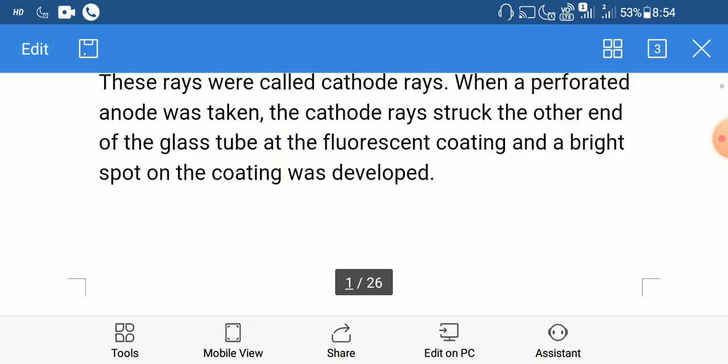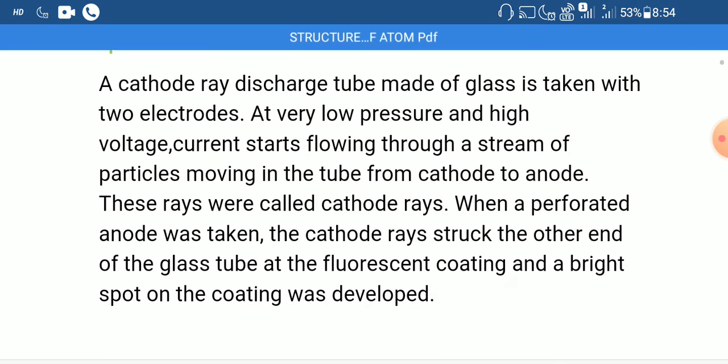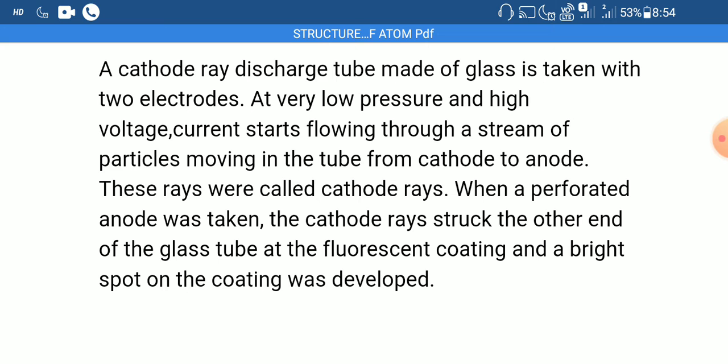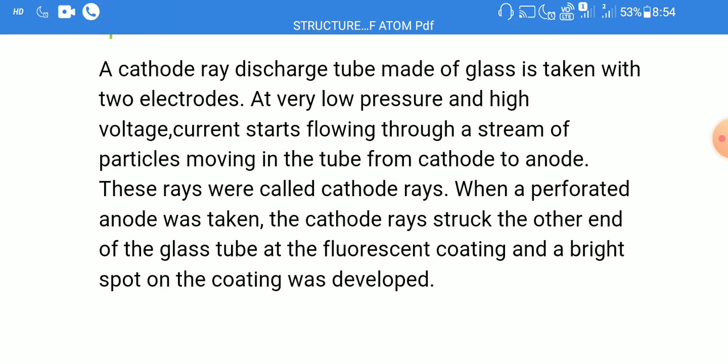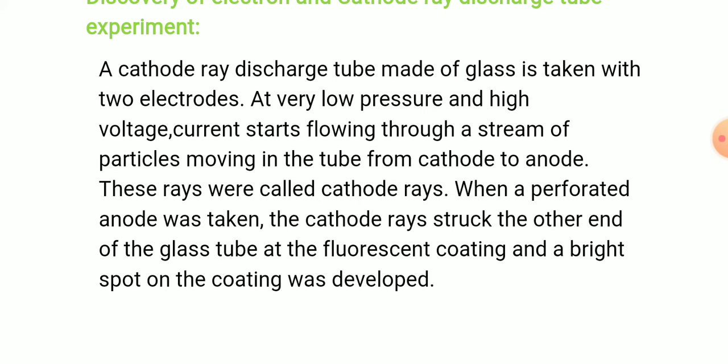Now let's see the experiment. A cathode ray discharge tube, made of glass, is taken with two electrodes at very low pressure and high voltage.